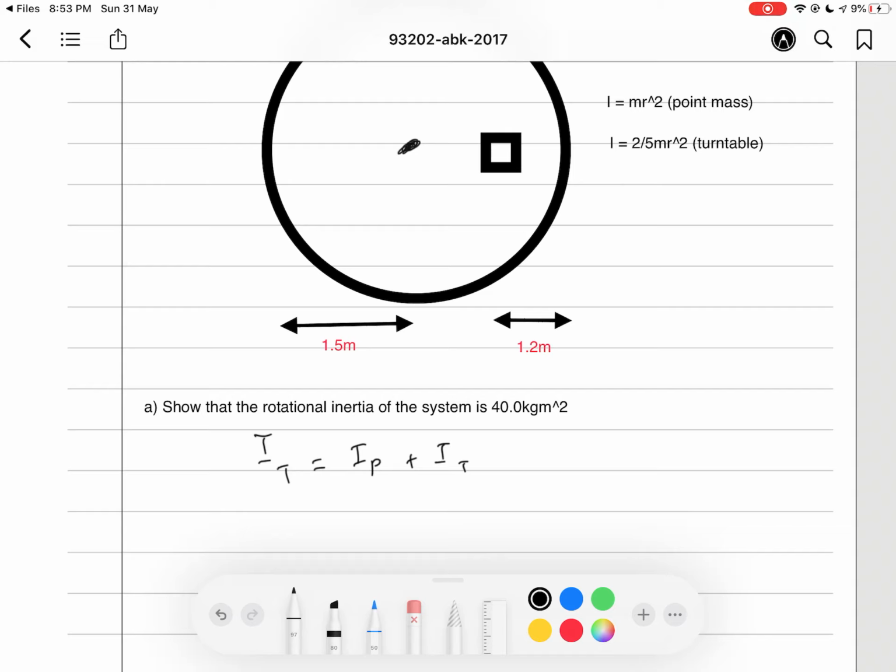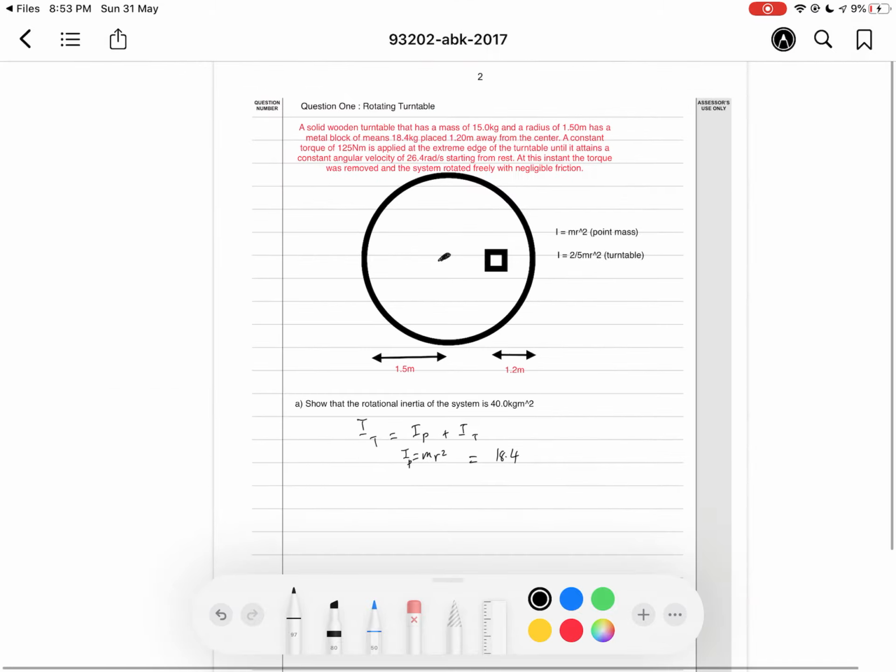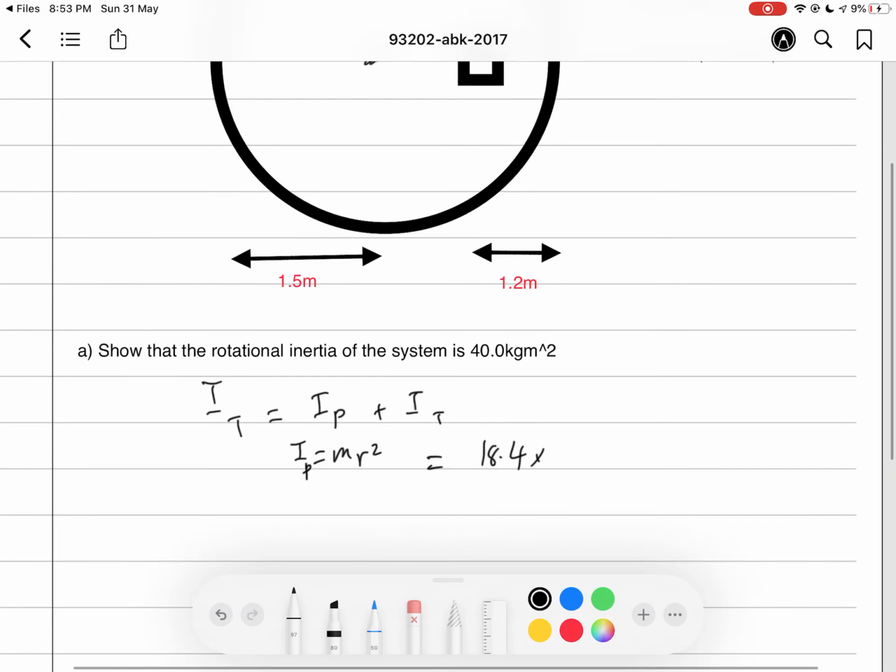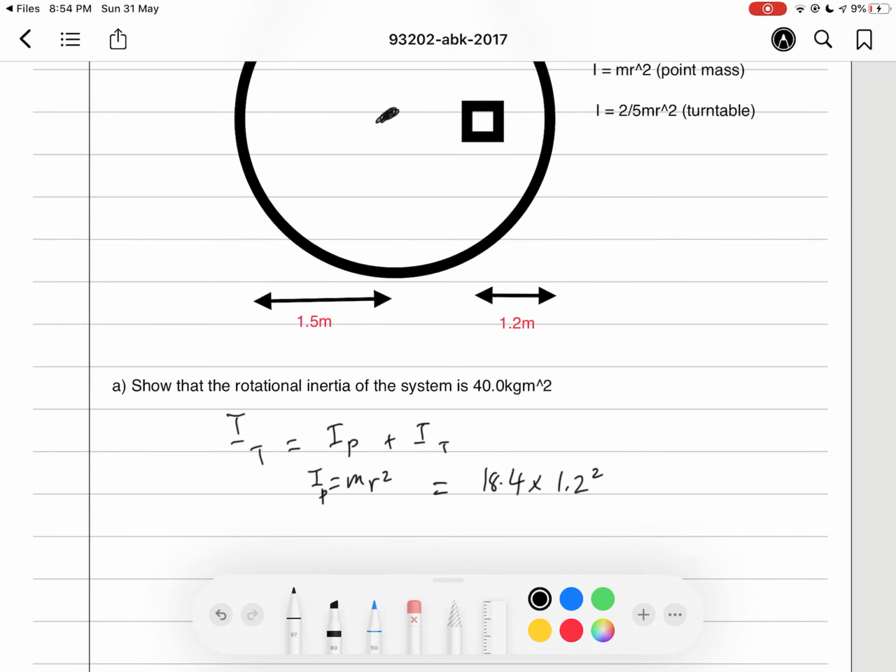The inertia of our point mass is I equals mr squared, so I_P equals mr squared, which equals 18.4 times 1.2 squared, because this block is 1.2 meters from the center of the circle. I just realized this arrow is in the wrong place, apologize.